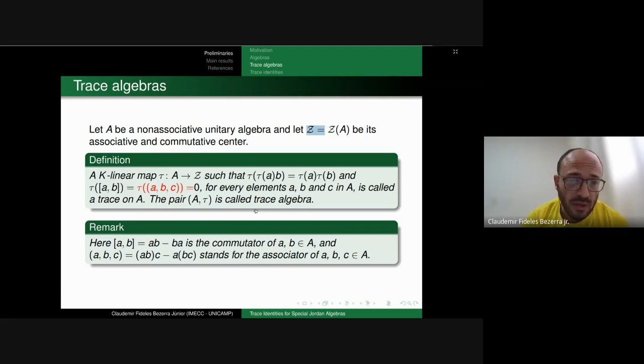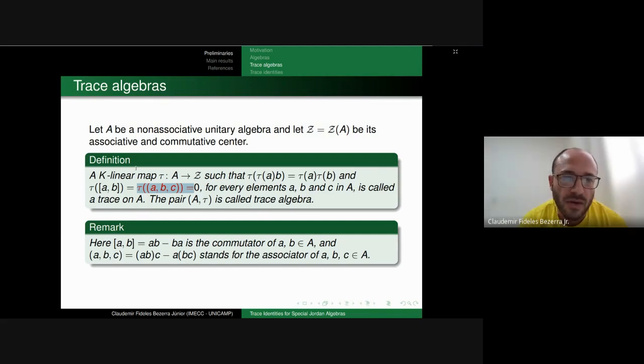As you can see in this property, the red property, it's not necessary to define the trace on any algebra.